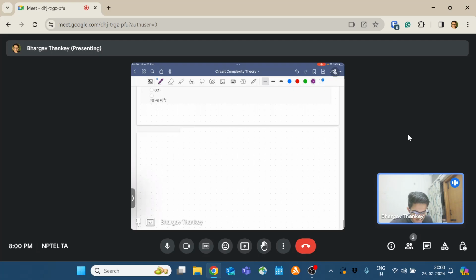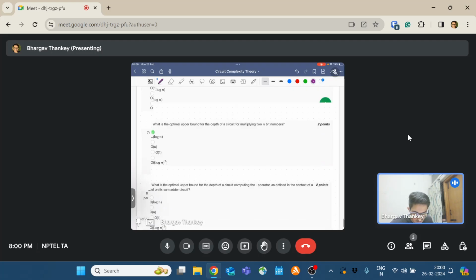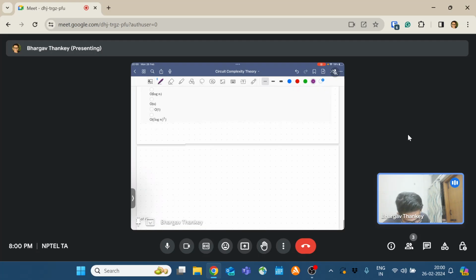Let's recall what that operator was. It took three inputs: C, P, G. Clear was always clear, generator was always generate.